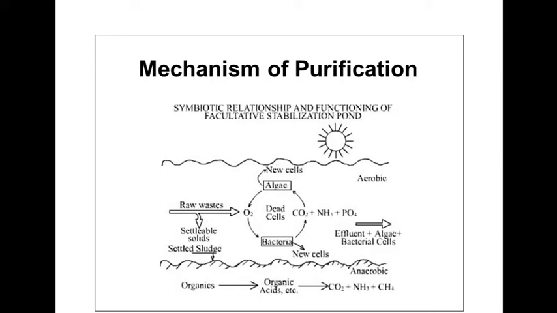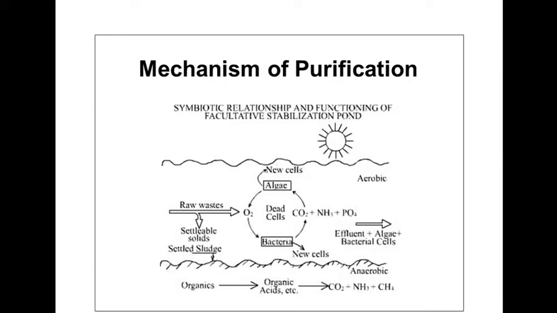Now, for the facultative stabilization pond, as you can see in the image, the first zone is the aerobic zone, then the second zone is the facultative zone, and the bottom zone is the totally anaerobic zone. So in the top layer, atmospheric oxygen is dissolved into the water.